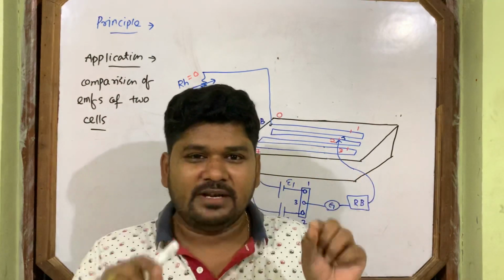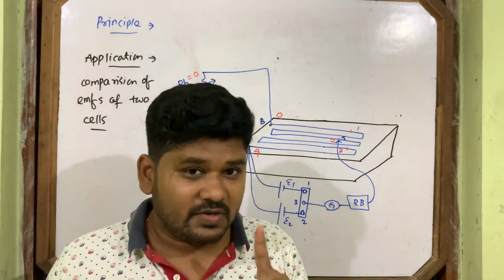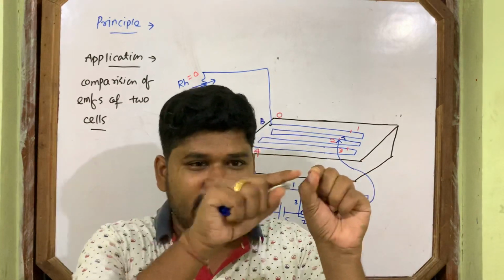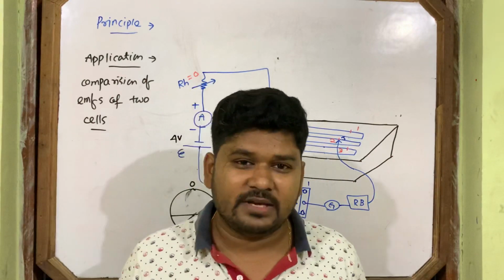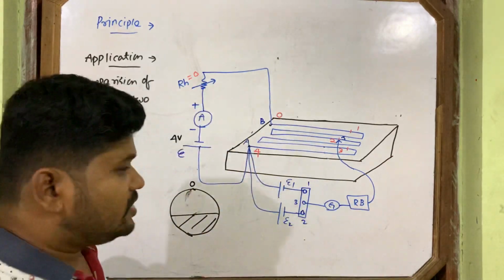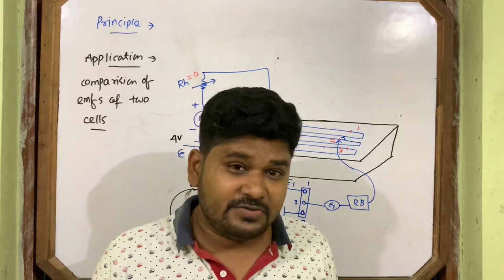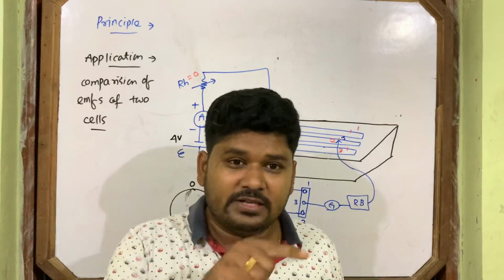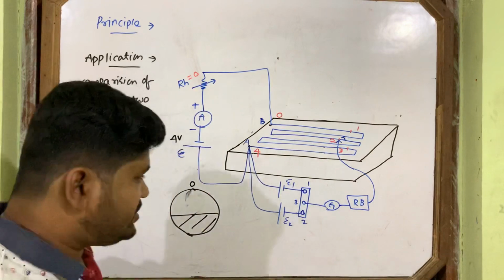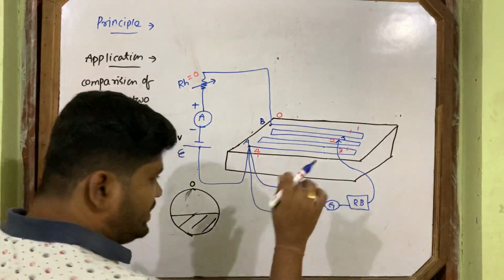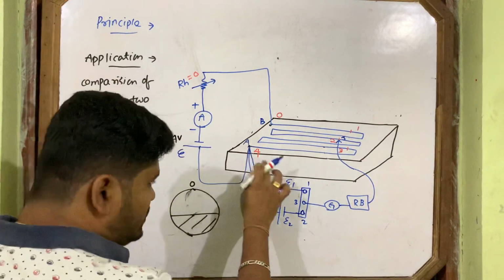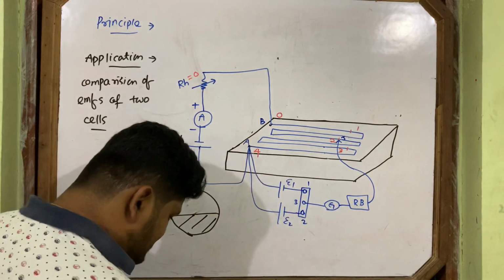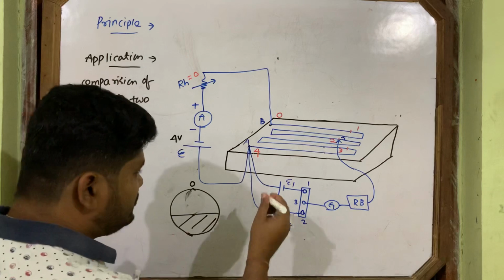You connect them by a wire. Will current pass there? No, never will current pass. This is 4 volt, this is 4 volt. You connect by a wire. No current will pass in the wire. So, if there is potential difference and you connect the wire, then current passes. But if there is same potential and you connect the wire, then no current passes. So, see, no current is now passing through it. If no current is passing, if this is 4 volt, then this is also 4 volt.